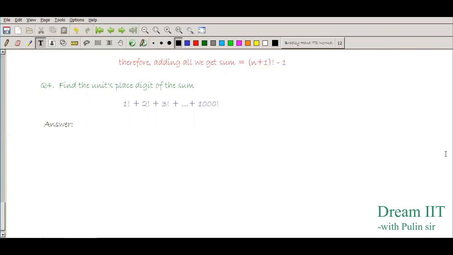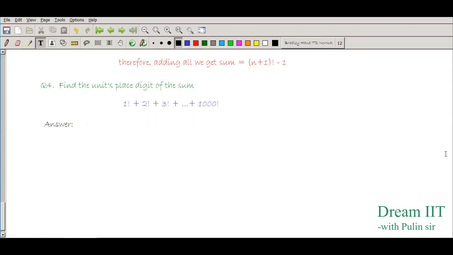Then obviously if you now multiply any number with this, you are going to get a number ending with 0. I mean, what I want to say is that from 5 factorial onward, all the numbers you have will have 0 as the units place digit, right? So effectively, what defines the units place of this particular sum is just the 4 numbers: 1 factorial, 2 factorial, 3 factorial and 4 factorial. So this is the trick of the question.